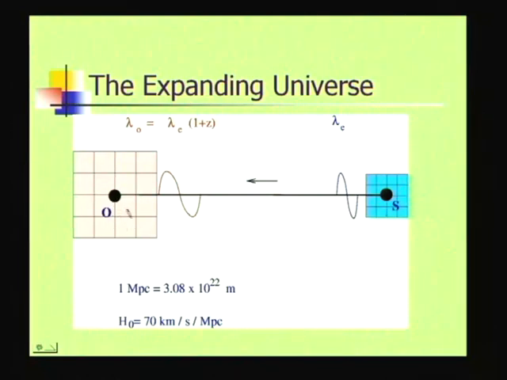So, I will see the distance to this galaxy increasing. So, this is what we mean by the expanding universe, and this is the only way we can reconcile the fact that the galaxies are all moving away from us with the assumption that the universe is homogeneous and isotropic.